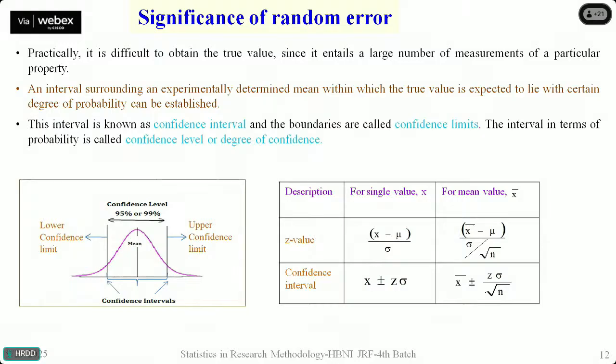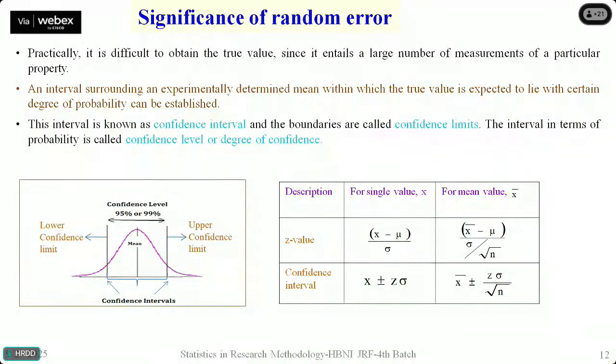We have calculated probability. And the z value and the confidence interval are given here in this table. (x minus mu) by sigma is z, isn't it? And the confidence interval will be defined by those boundaries, x plus or minus z sigma on either side, for calculating the probability.